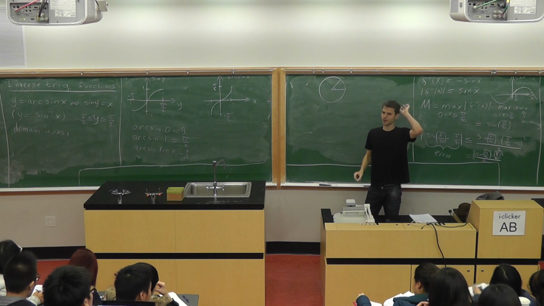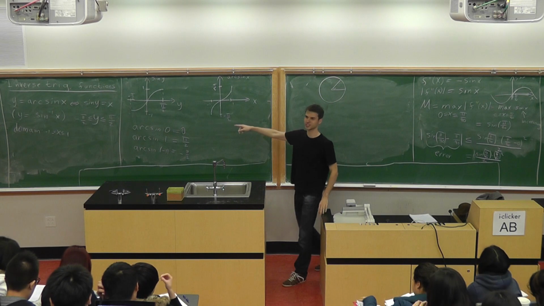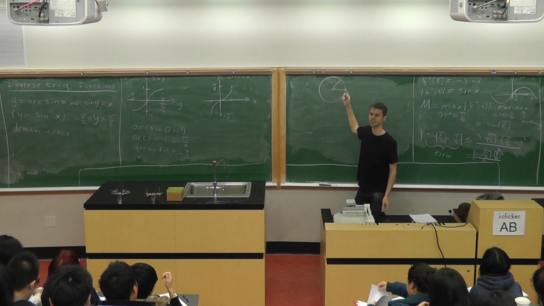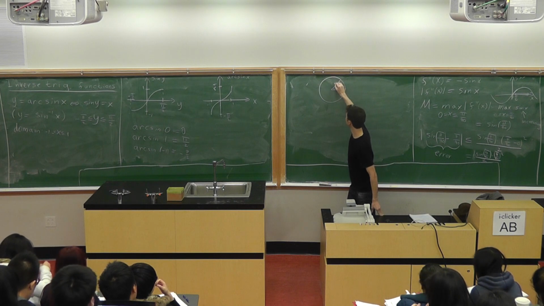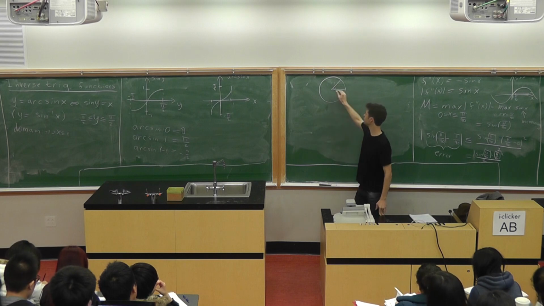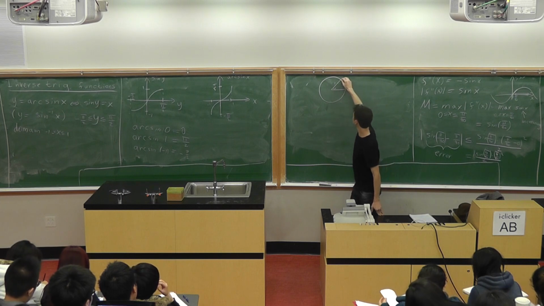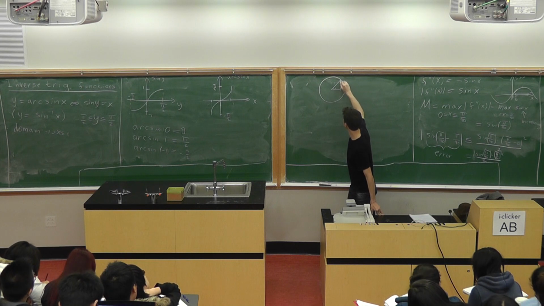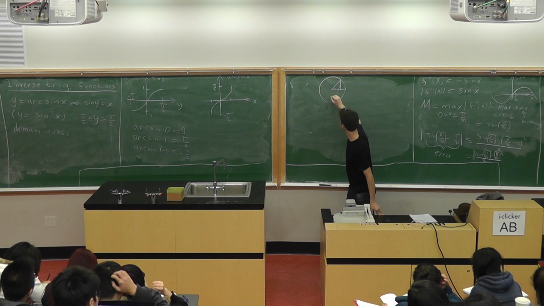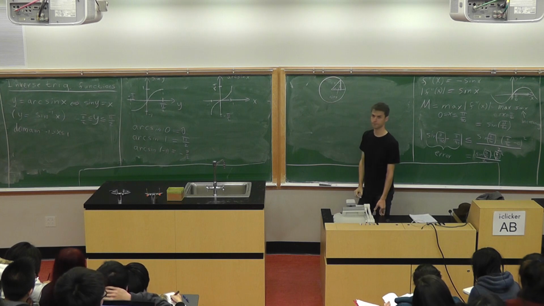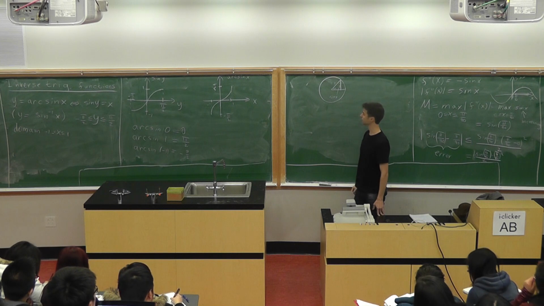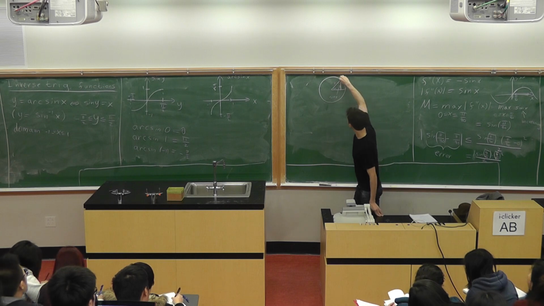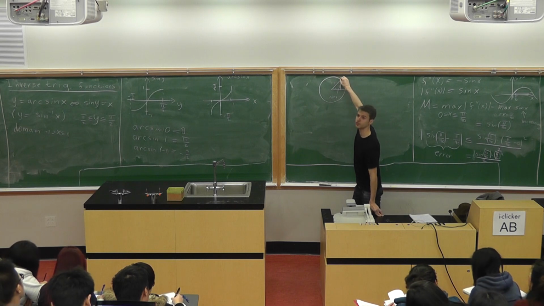So I will now explain what is the arc in this arc sine, and recall how we define sine. If we have a circle of radius 1, and we have an angle of x, then, well, this is the sine of x. Now, what is x in this case? It's the angle measured in radians.